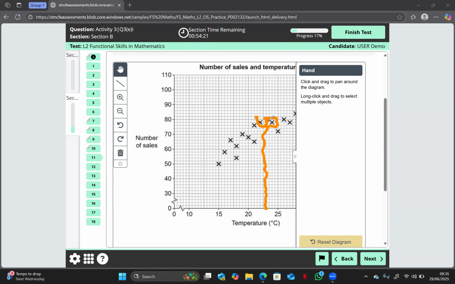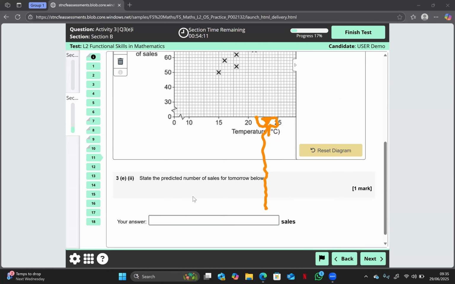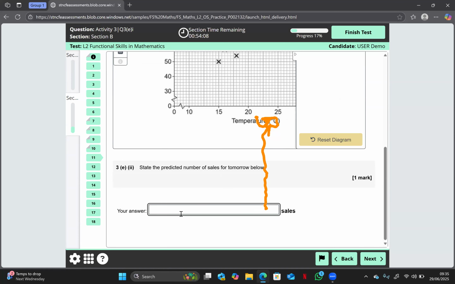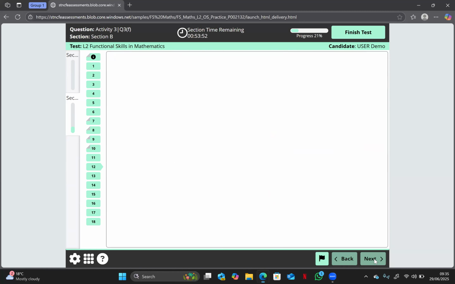So the number of sales will be 80 sales, sorry, not degrees. All we've done is look along the temperature and go up to 80 sales.